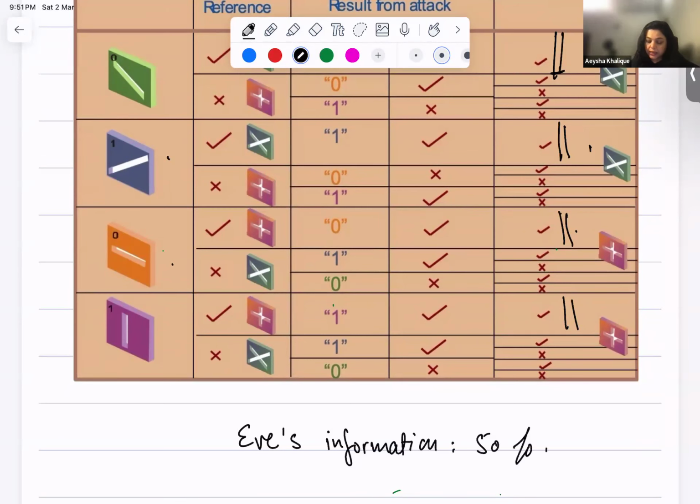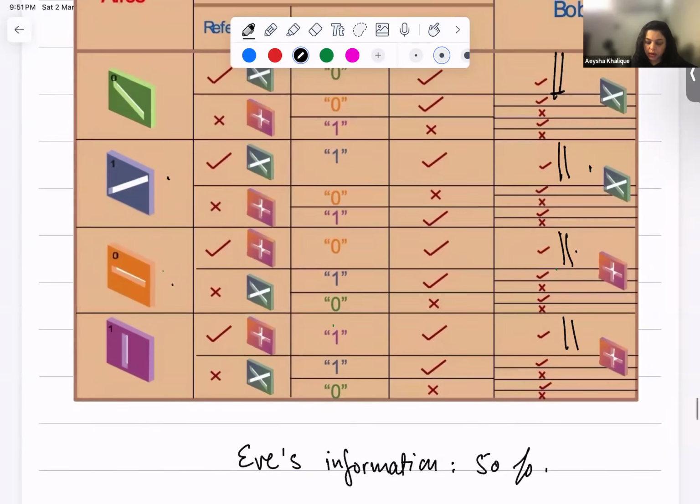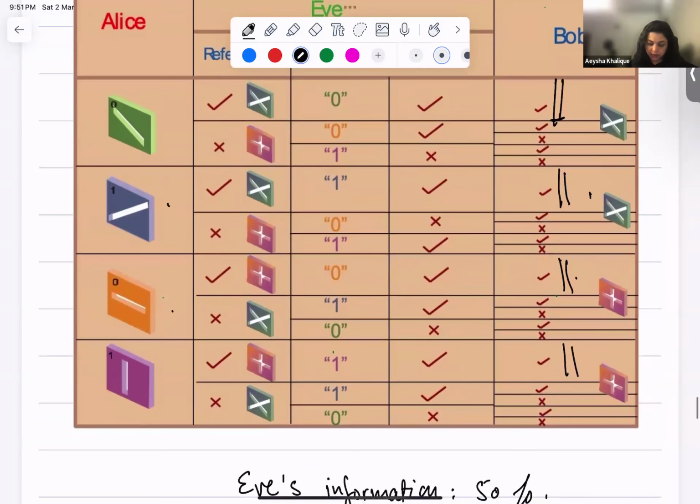But in the case that she has used the wrong basis, her bit, she has no information, right? And on the other hand, Bob's bit value may be correct, but he thinks his bit value is correct, but in fact it is not correct, which means that there is error in his key.